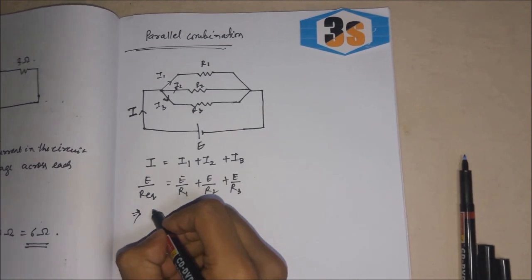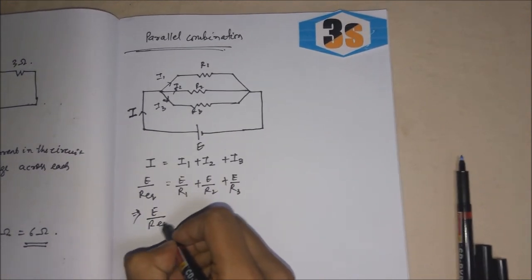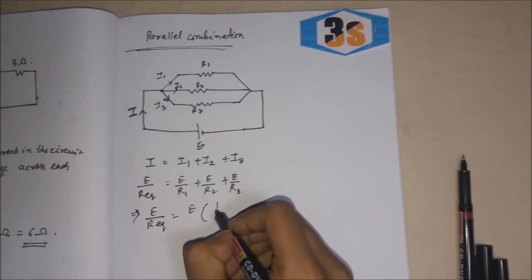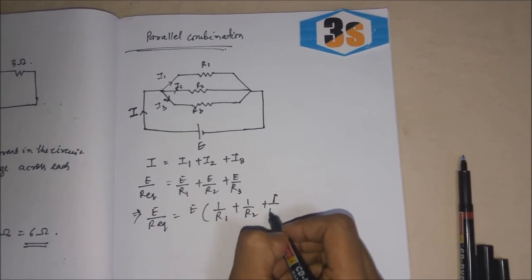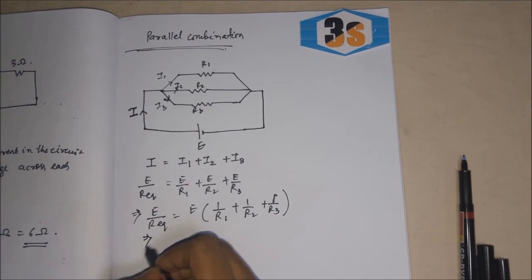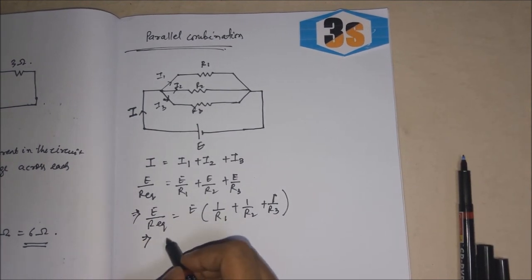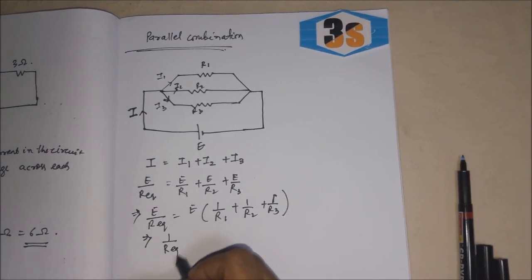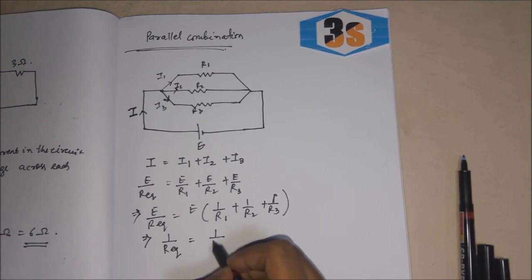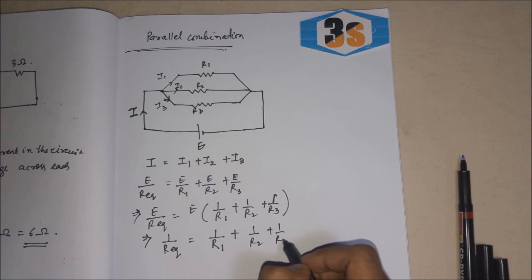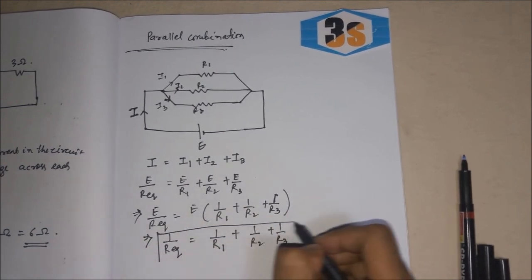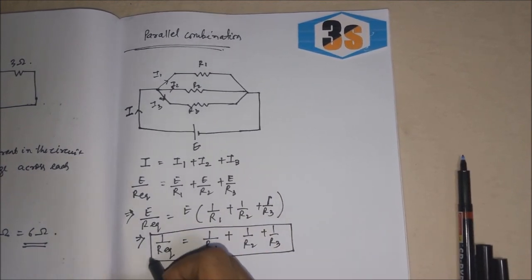Now taking E common from the RHS, we have E into 1 by R1 plus 1 by R2 plus 1 by R3. Cancelling the potential from both LHS and RHS, we get 1 by R equivalent equals 1 by R1 plus 1 by R2 plus 1 by R3, which is the required relation.